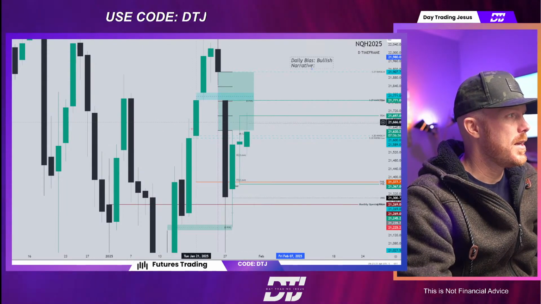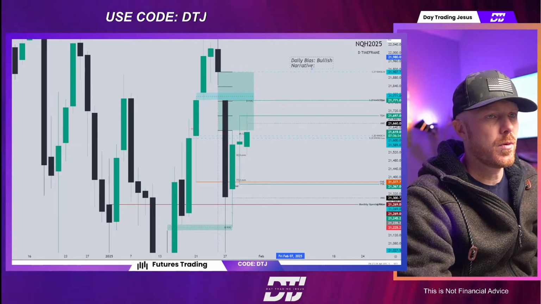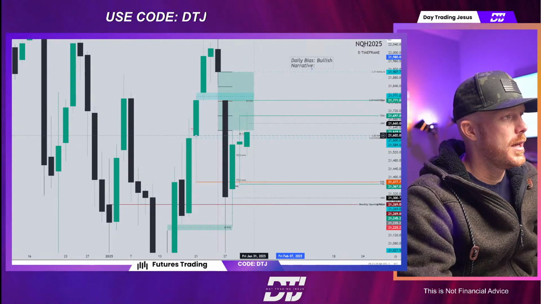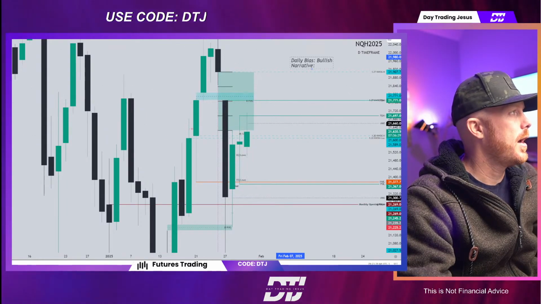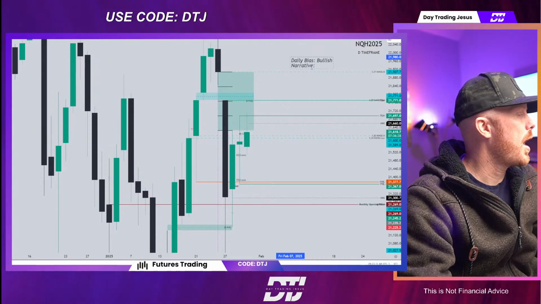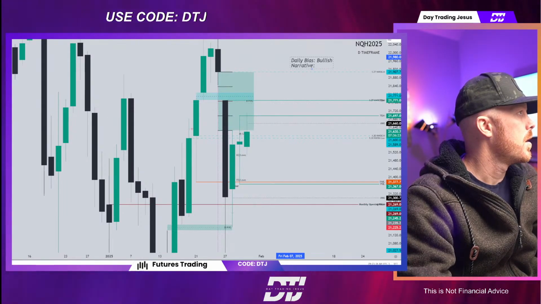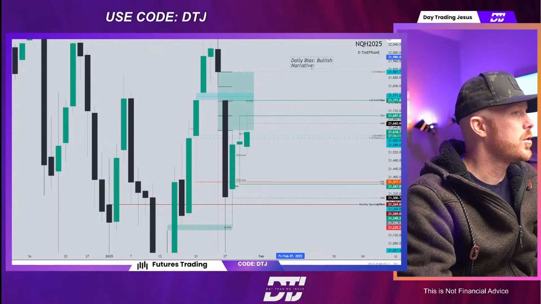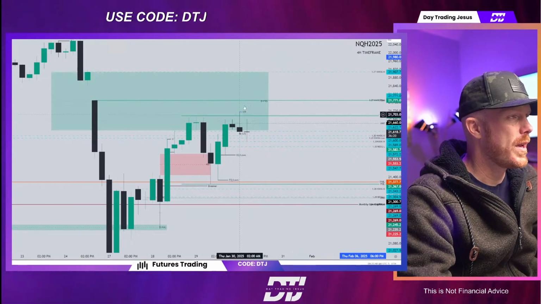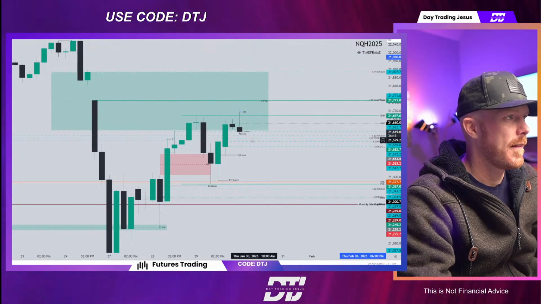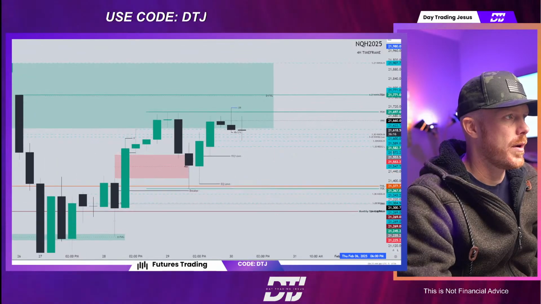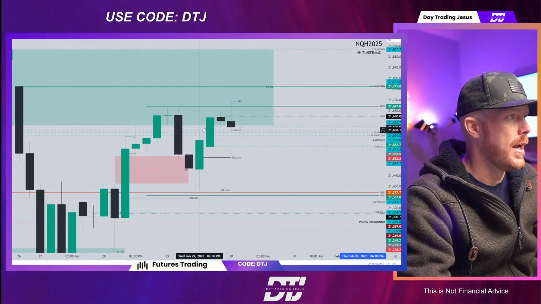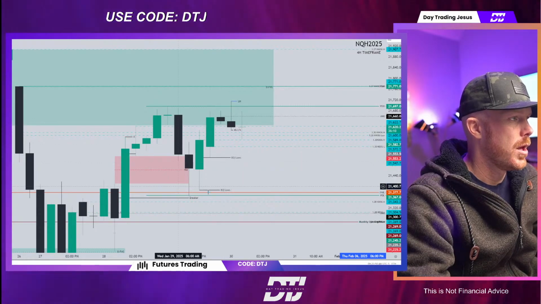Ultimately, going back to my conversation while I'm setting this up on the other screen, I want it to go higher. It's just a matter of how it's going to get there. If we drop down to the 4 hour, we can see we have a London high already taken, already swept liquidity, and we have a 4 hour fair value gap that we are finding support in.